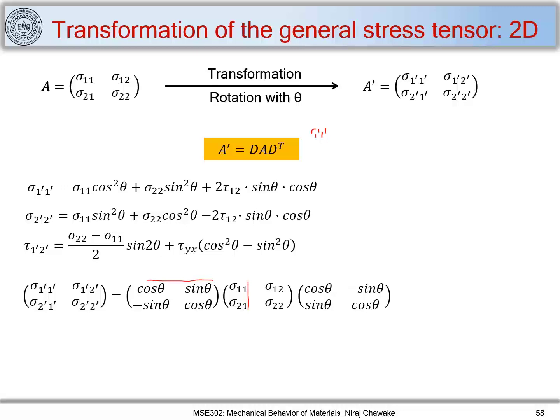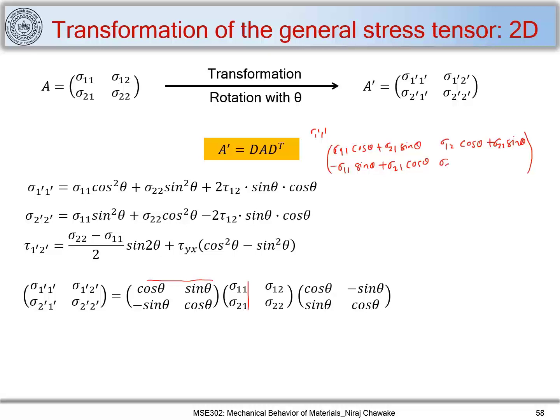So I can write it down as sigma 1 1 cos theta plus sigma 2 1 sin theta. Then you have minus sigma 1 1 sin theta plus sigma 2 1 cos theta. Then you have sigma 1 2 cos theta plus sigma 2 2 sin theta, close the bracket.